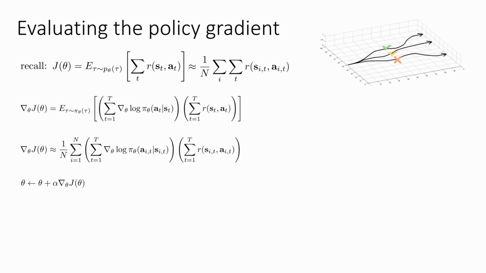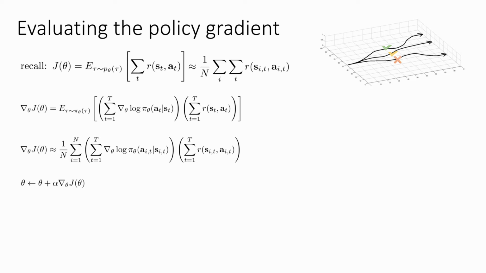So when you request the environment, please let me run my policy, it'll put you in a state sampled from p of s1. Then you pick the first action from your policy, and you assume that the environment will then generate a sample from p of s2 given s1, a1. If this is not true, then basically this isn't going to work. We will discuss what happens if you have samples from other distributions later on, though. There are a few tricks there.